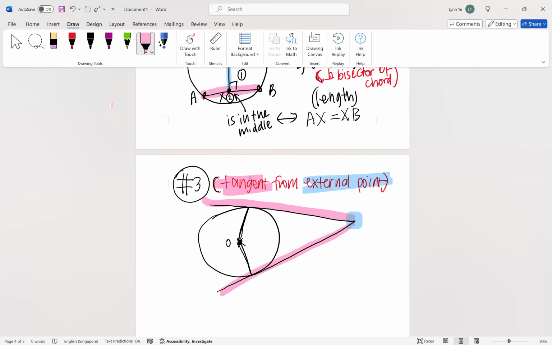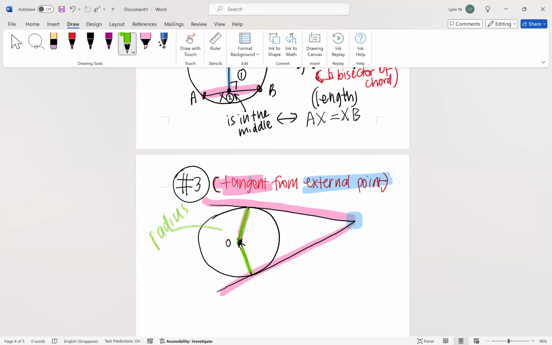Now, what else do you see beside tangent and external point? How many radius? 1 radius right here, 2 radius right here. Does anybody remember any properties that we learned? Tangent is perpendicular to radius.